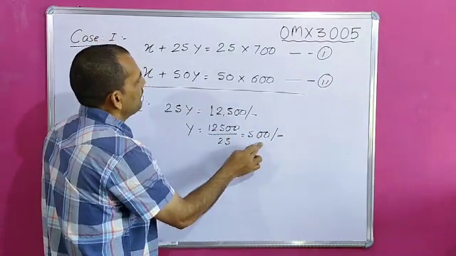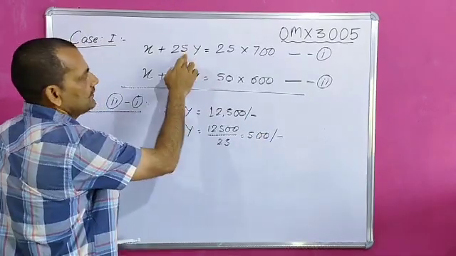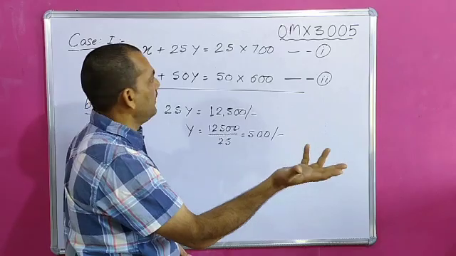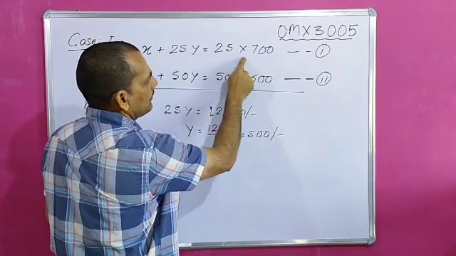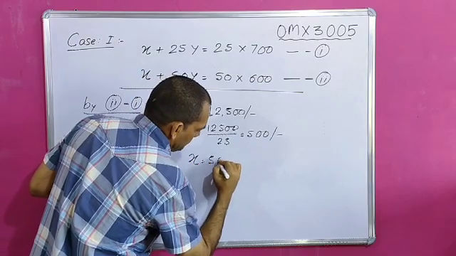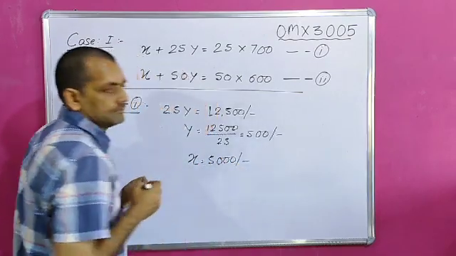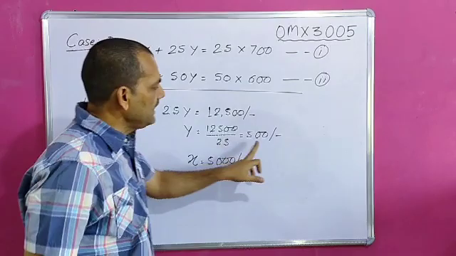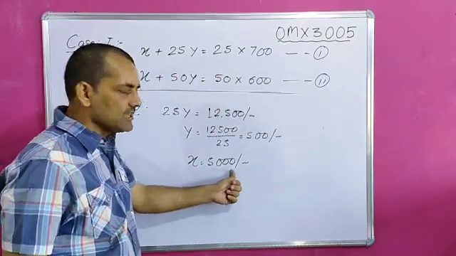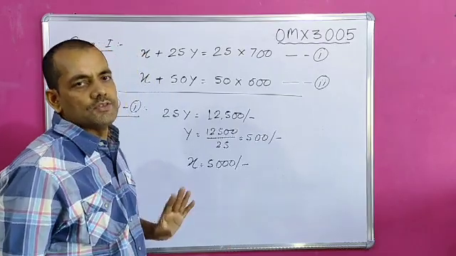So if Y is 500, if I put this value in equation 1, 25 into 500 will become 12,500. And if we subtract this from this, I will get the value of X as 5,000. So if Y is 500, put the value in any one of these two, you will get X as fixed as 5,000 in both the cases.